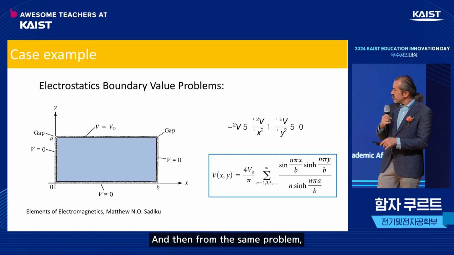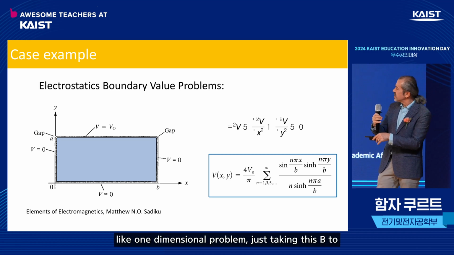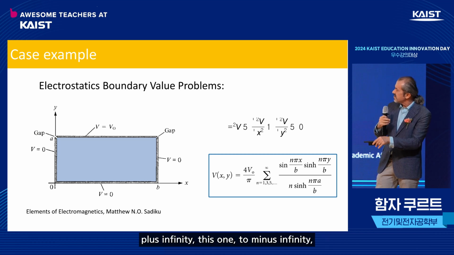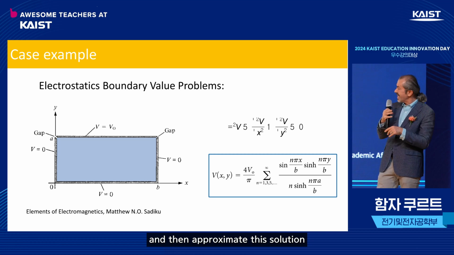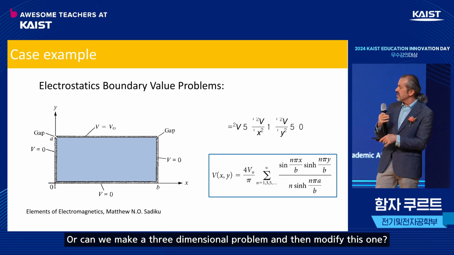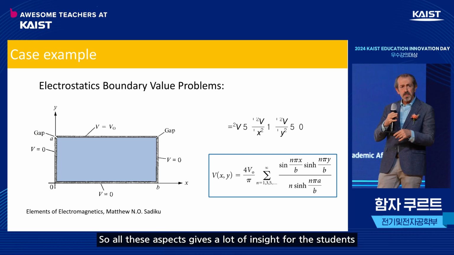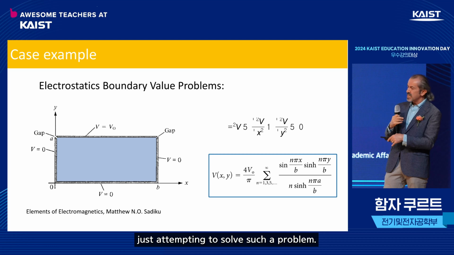From the same problem, can we squeeze it down to a simple one-dimensional problem, taking this b to plus infinity, this one to minus infinity, and approximate this solution as an answer to this simple case? Or can we make a three-dimensional problem and then modify this one? All these aspects give a lot of insight for students attempting to solve such a problem.